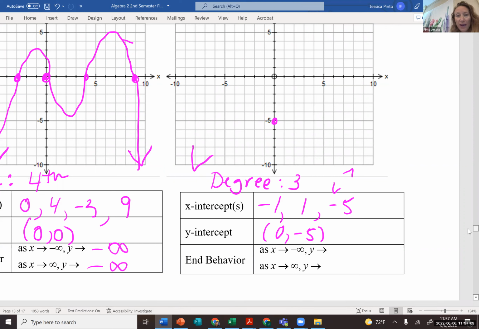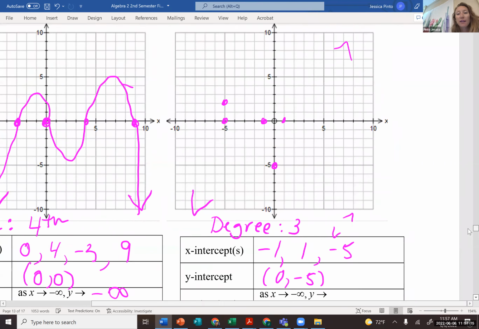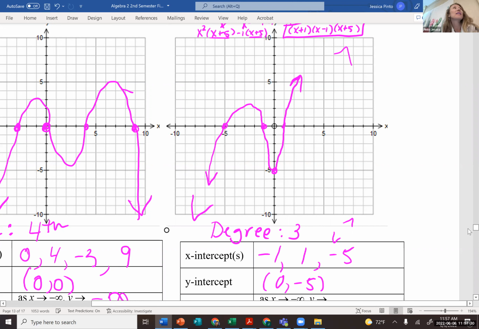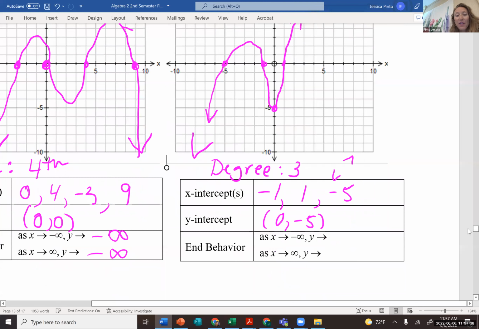So plotting my -1, my +1, and my -5, I can see how this picture is going to look. I'm now going to try to connect my dots close to my arrows. All right, I didn't quite make it there. And now I want to remind myself how this end behavior works.